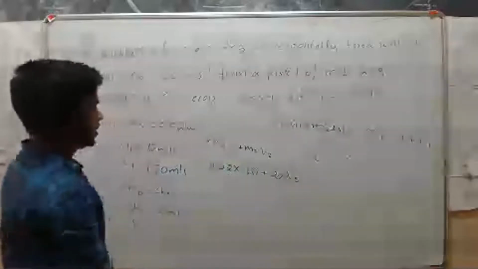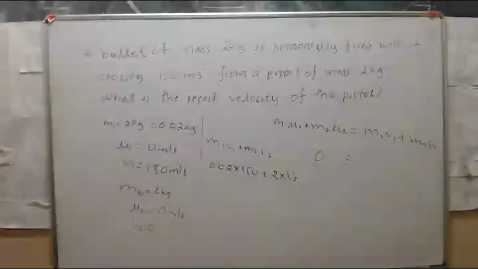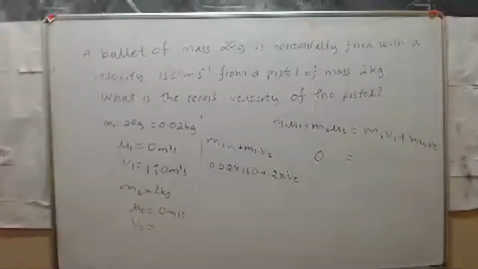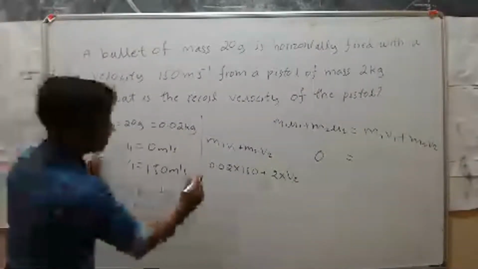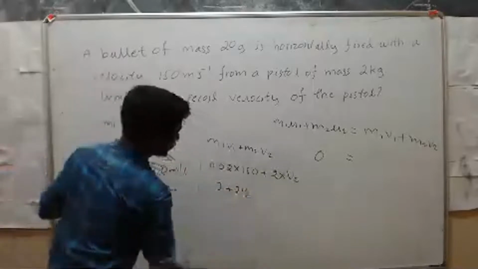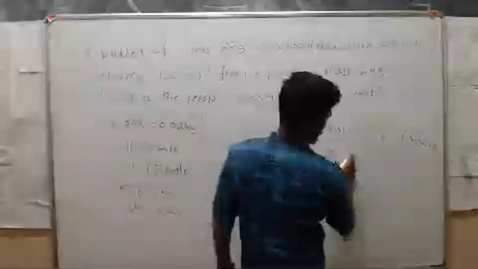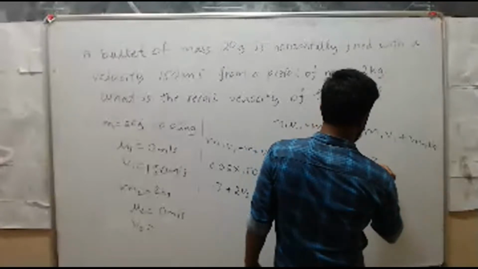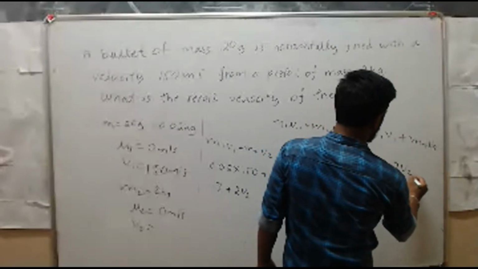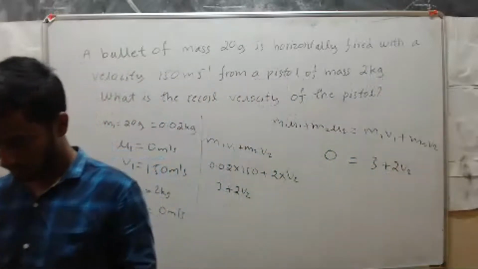So 0.02 into 150 is 3, right? So 0.02 into 150 is 3, plus 2 v2. This is the final momentum. Substitute here: 3 plus 2 v2.